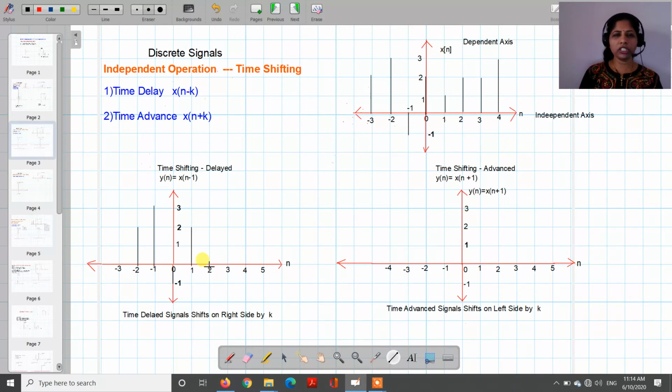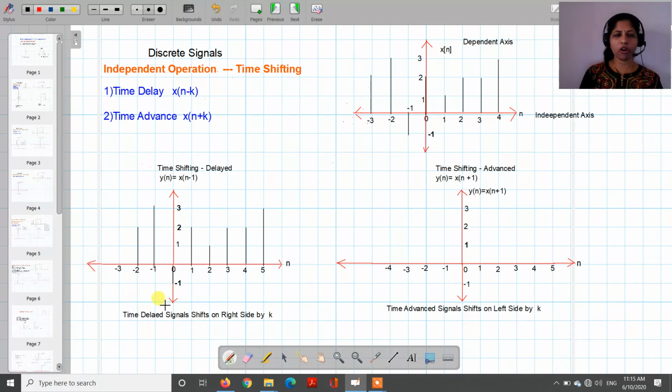At 1 the amplitude is 1, which shifted to 2. At 2 the amplitude is 2, which shifts to 3. At 3 the amplitude is 2, which shifts to 4. At 4 the amplitude is 3, which shifts to 5.